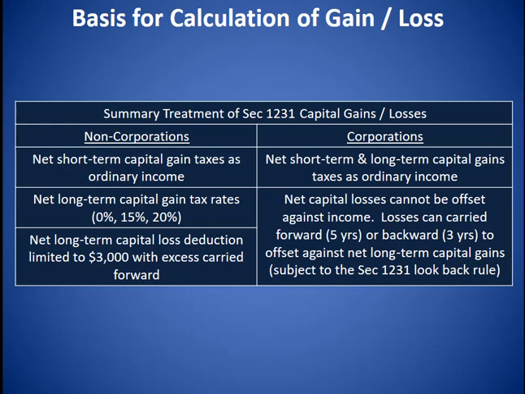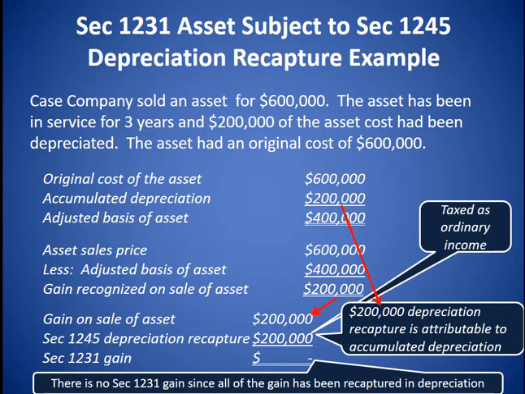Now this next slide is an example of a Section 1231 asset subject to a Section 1245 depreciation recapture. We have a company here called Case Company. It sold an asset for $600,000. The asset had been in service for 3 years, and $200,000 of the asset cost had already been depreciated.